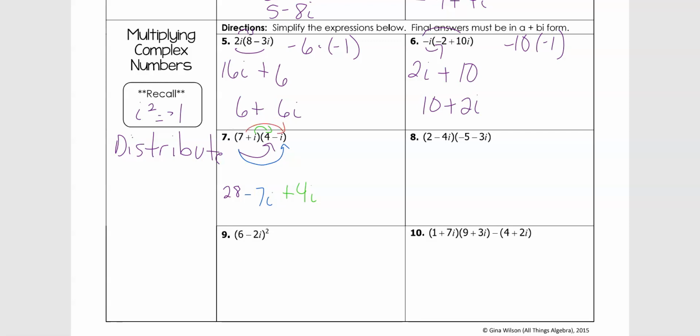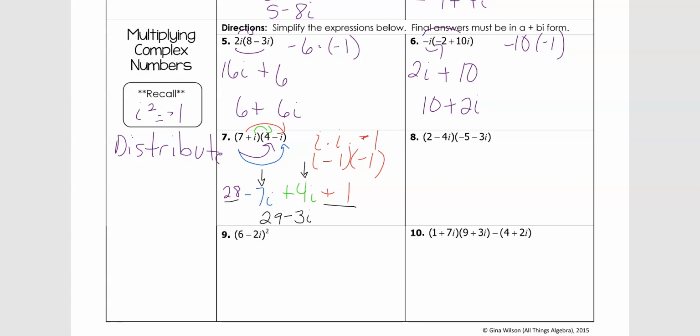So i times negative i is i times i times negative 1. i times i is negative 1, times negative 1, and that's going to be 1. And now we just need to combine like terms. All right, so 28 and positive 1, that gives me 29. Negative 7i plus 4i is negative 3i. That's all you have to do there.